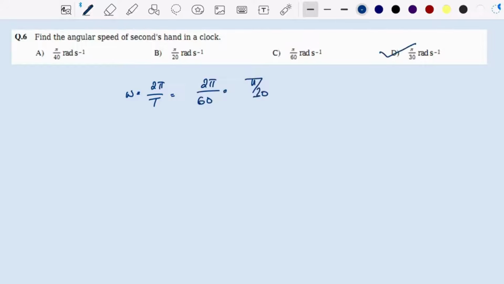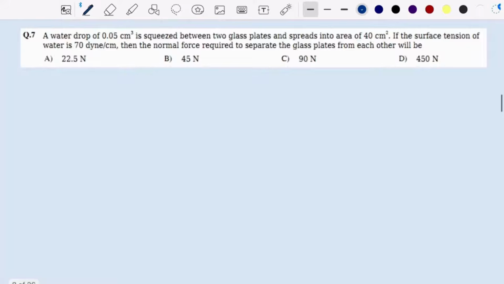A water drop of area 40 centimeters square is squeezed between two glass plates. So thickness is going to become 0.05 upon 40 centimeters, which is 1 by 800 centimeters. To balance, the force required is acting along this direction of the thickness. So the force into thickness will be equal to 2 times surface tension into area, because it's having two plates.